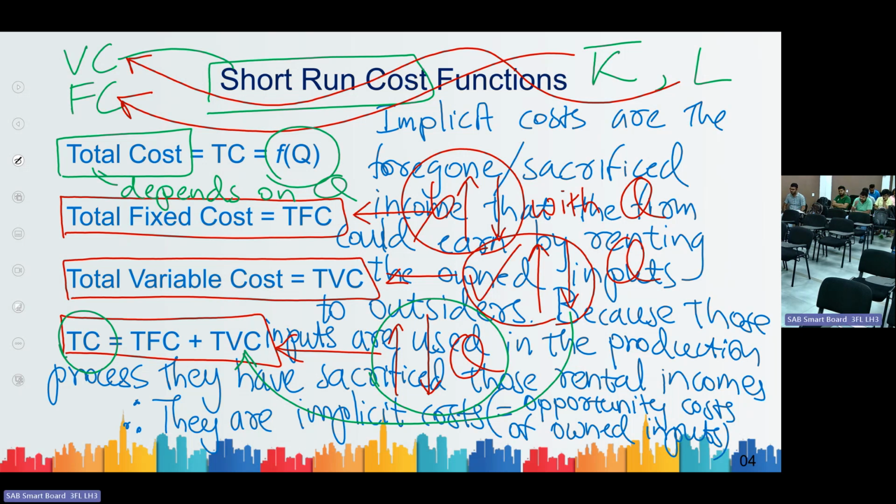Right? Because TVC is a part of total cost, and TVC is changing with the output. So total cost also depends on output.